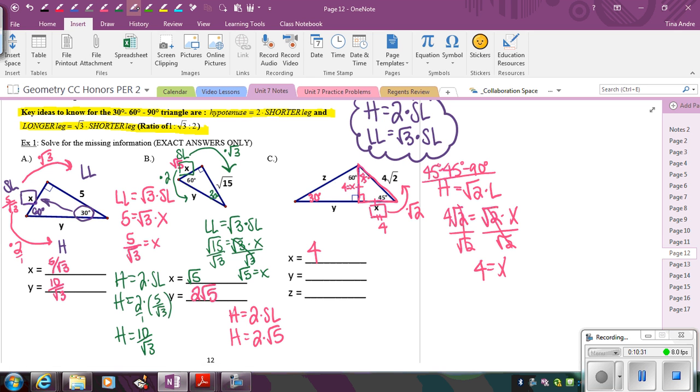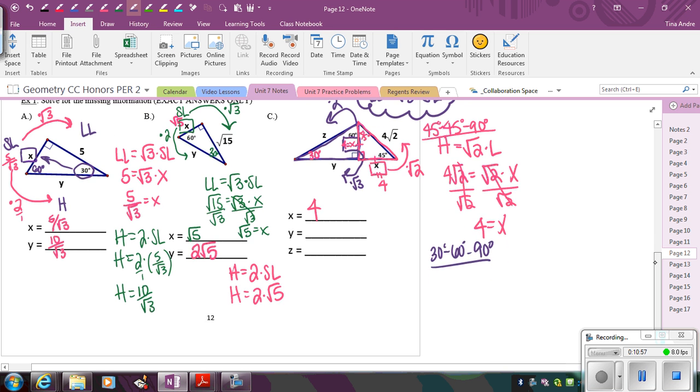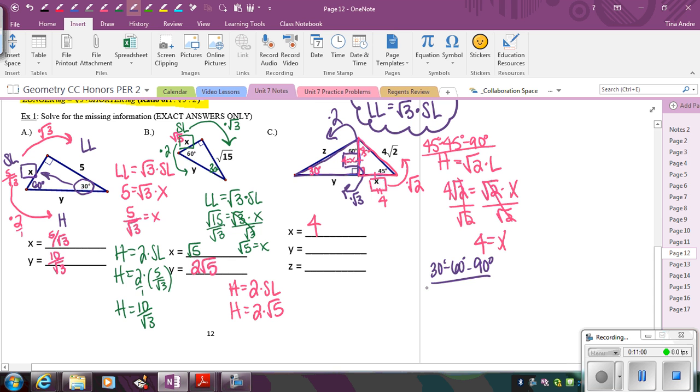And then we look at our next type of triangle, which is the 30, 60, 90. Starting at the short leg, to get to the long leg, it's times root 3. To get to the hypotenuse, it's times 2. So if we want to find y, for the 30, 60, 90 triangle, the long leg is root 3 times the short leg, or you could just take 4 and multiply it by root 3, so 4 root 3.